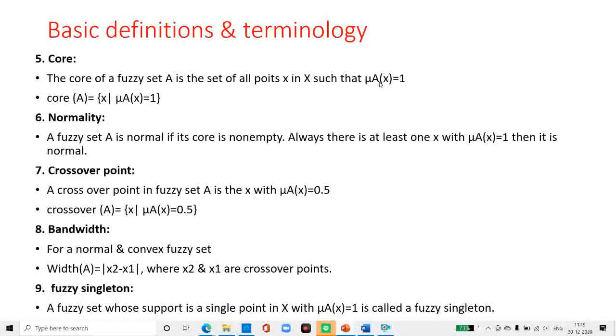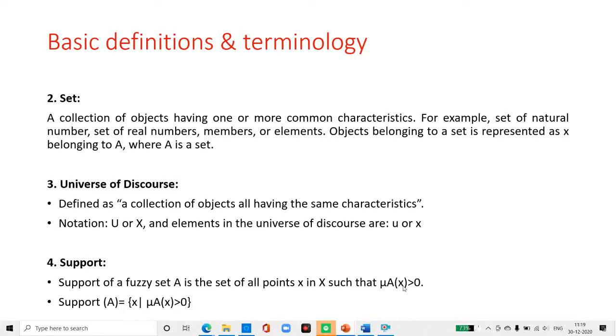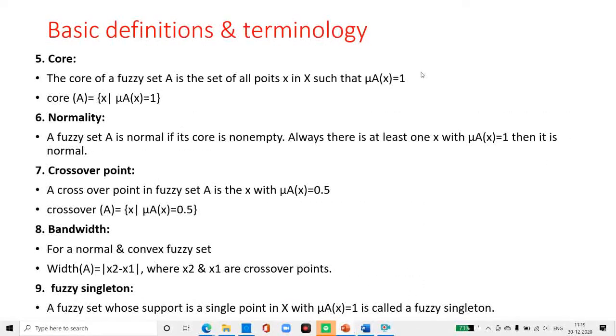If you are getting the value mu of A of x equal to 1 for all the x in the set, then our fuzzy set is a core. Similarly, for membership value greater than 0, equal to 1, 0.5, it is a normal and convex fuzzy set.